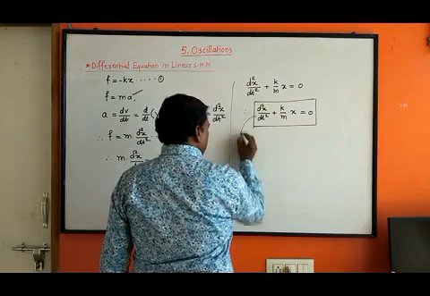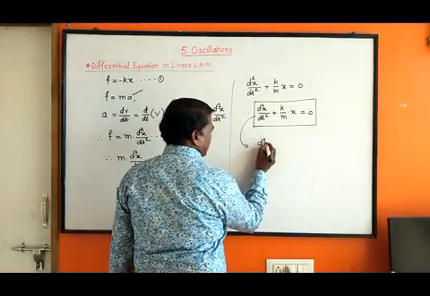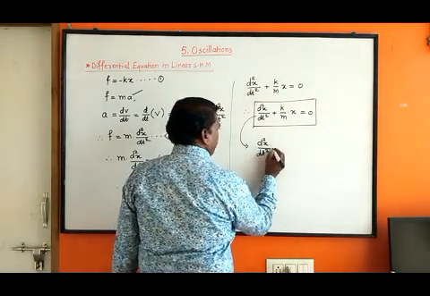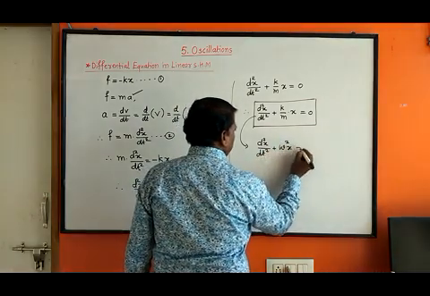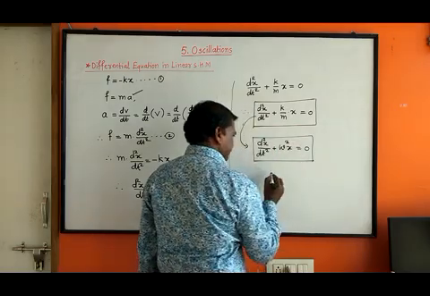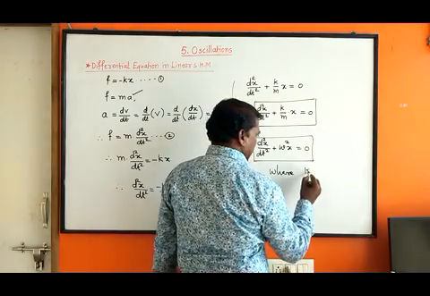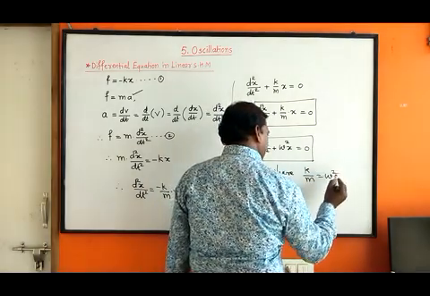Also you can get one more form, that d2x by dt square plus omega square x is equal to 0. This is another form where k by m we have used as omega square, remember.